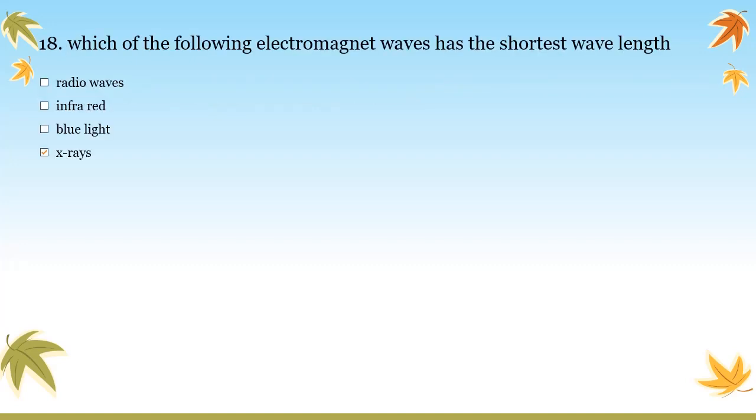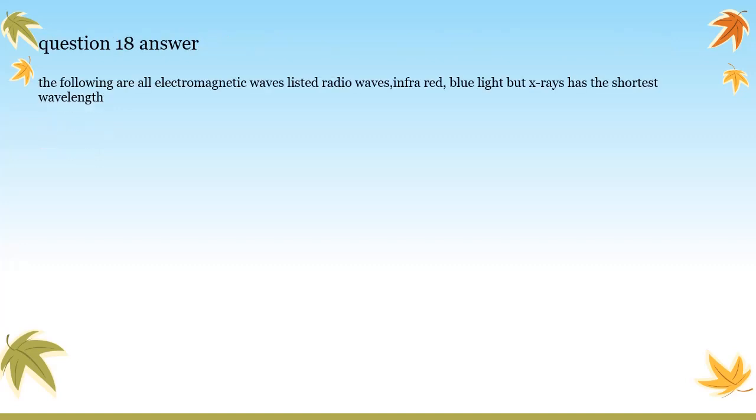Which of the following electromagnetic waves has the shortest wavelength? The following are all electromagnetic waves listed: radio waves, infrared, blue light, but X-rays have the shortest wavelength.